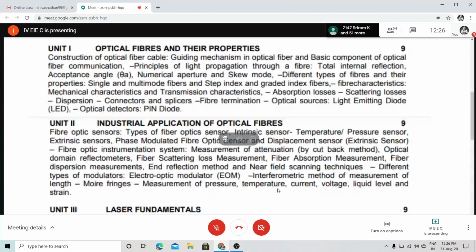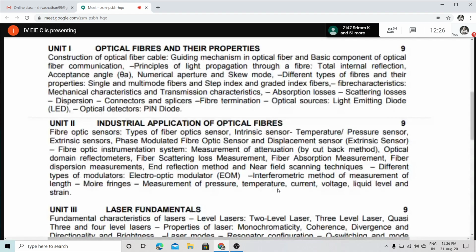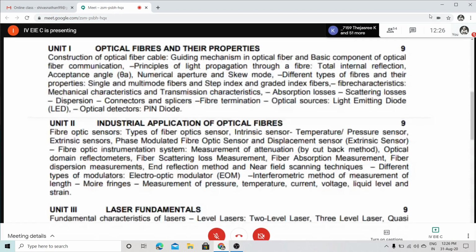Yes, tell me. Anyone? Active sensor needs an external excitation to respond to changes. Okay. And so an active sensor requires a supply.